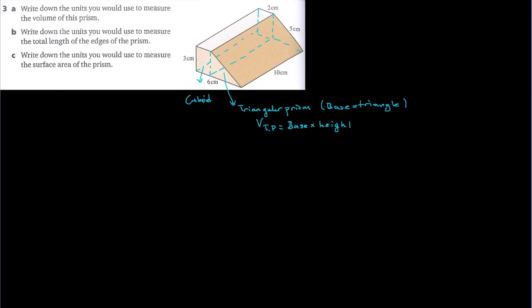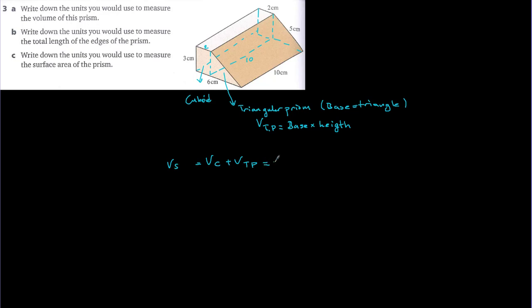The volume of the cuboid we know. This is 2 units, and the length is 10 centimeter here. Volume of cuboid plus volume of triangular prism is equal to the volume of the solid.